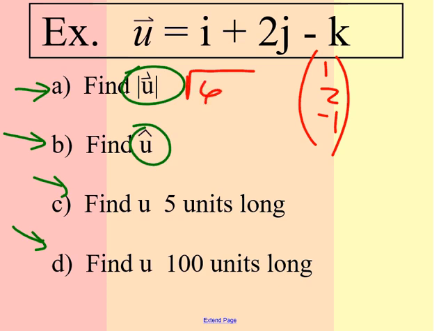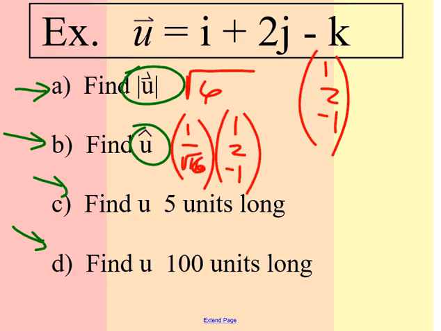And then the little hat, that's 1 over the square root of 6 because we're trying to take its length and 1 over its length and then timesing it by this. That will shrink this down to have a size of exactly 1. That's the unit vector. It's still the same direction. It's just that this thing shrinks it down so it has a length of 1.